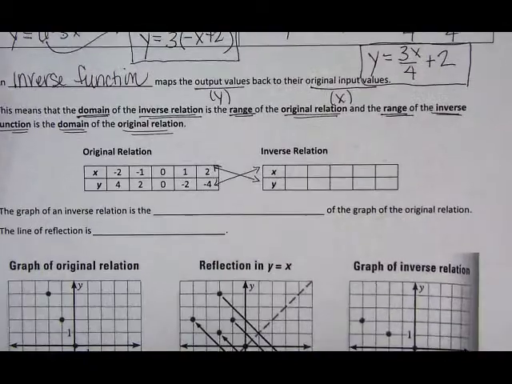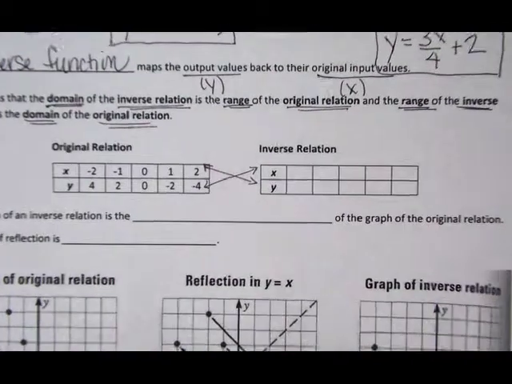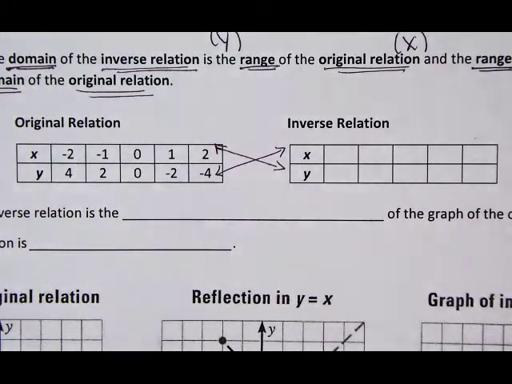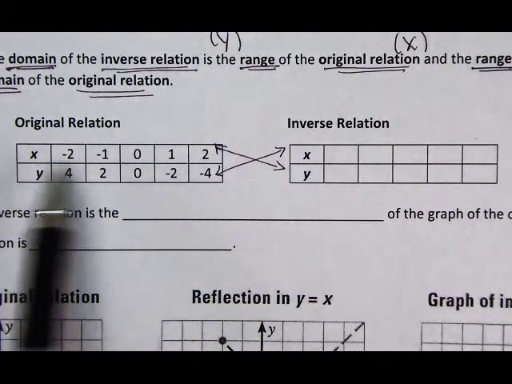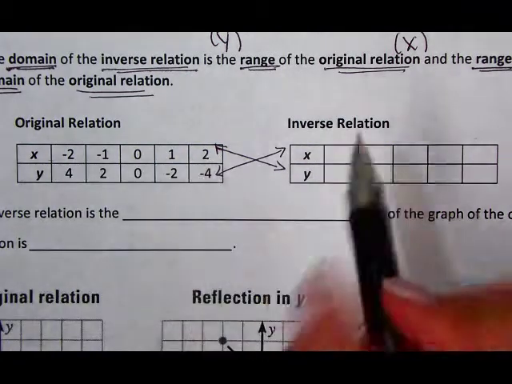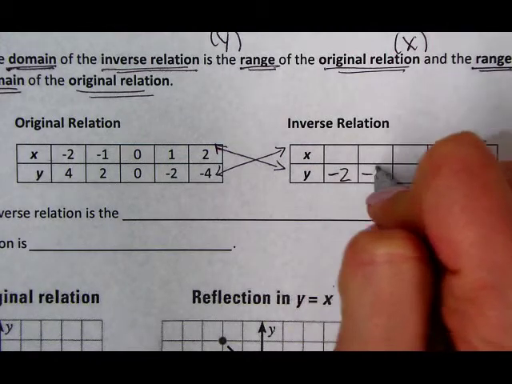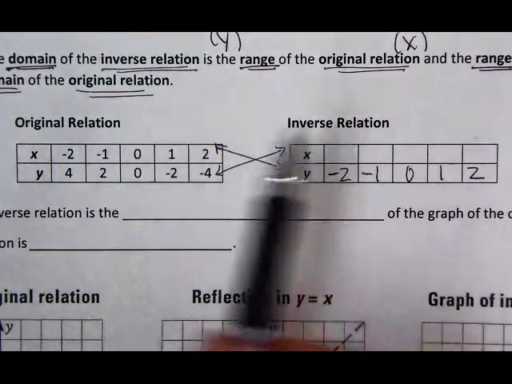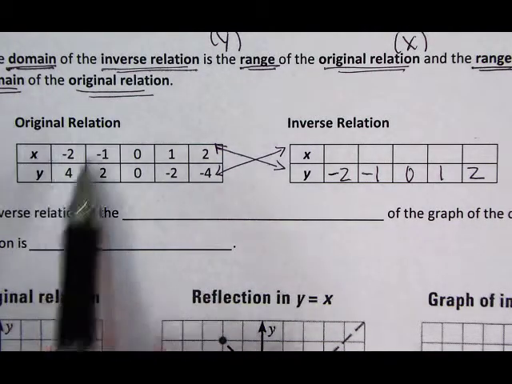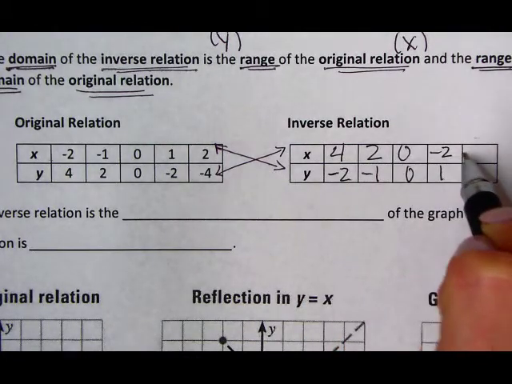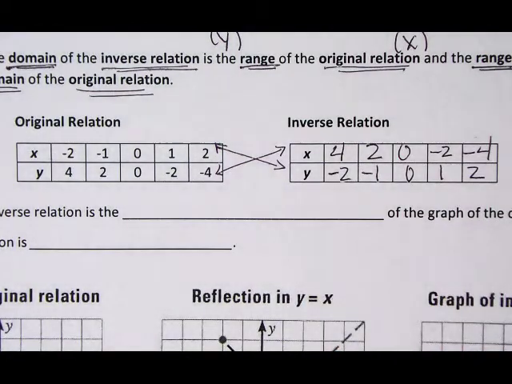If you have an original relation, original ordered pairs, and we can graph these to get a line or whatever function, then its inverse relation means that all the x points become the range, or the y, of your inverse relation, and your y values of your original relation become the x values of your inverse relation. So you're swapping your x's and y's between your original relation and your inverse.